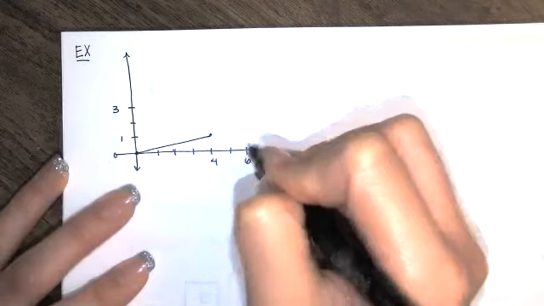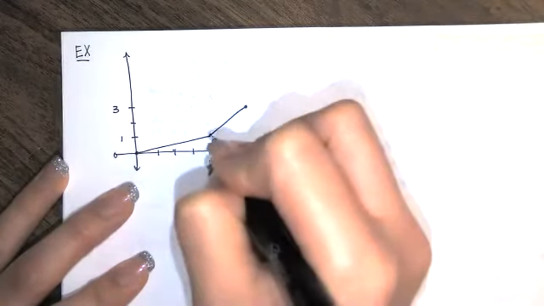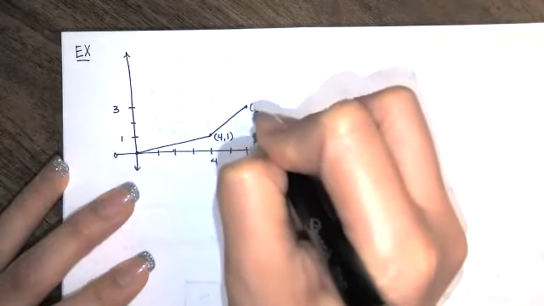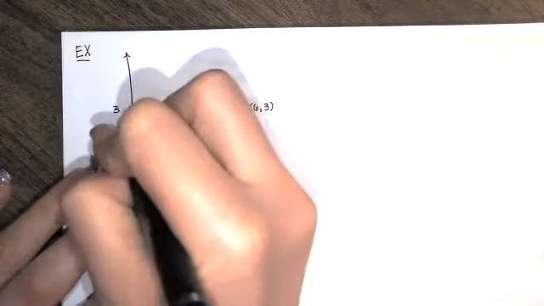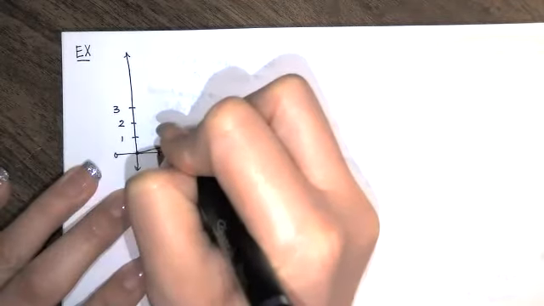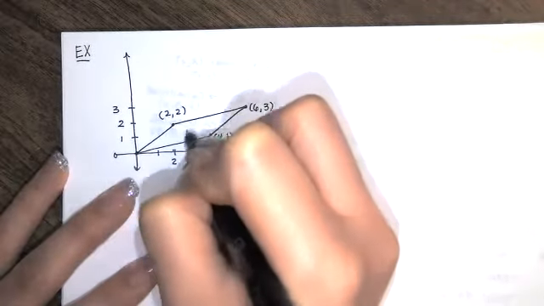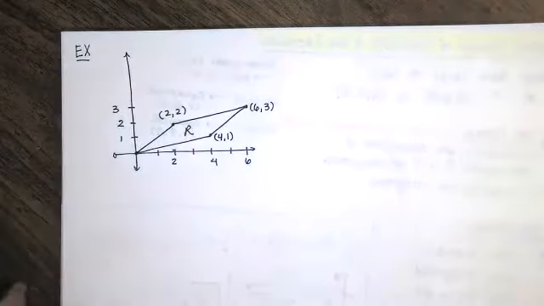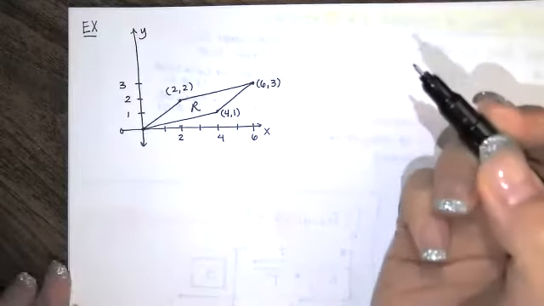Another vertex at x equals 6, y equals 3. One at 2, 2. And then there's another line segment that goes from there to there. So let's say this is the region R, and you want to integrate some function over the region R in the xy plane. Well, that would be a pain, wouldn't it?